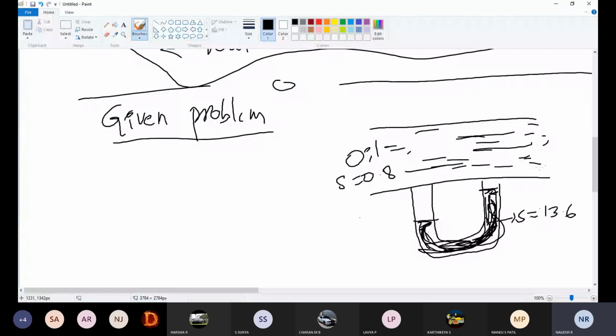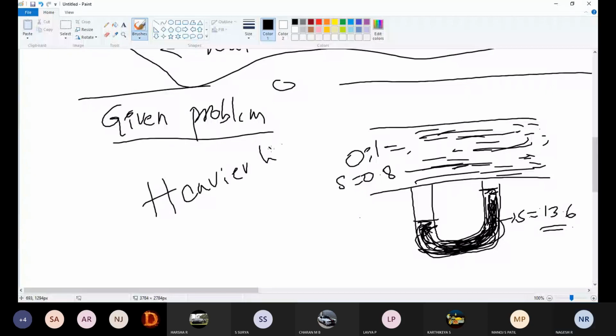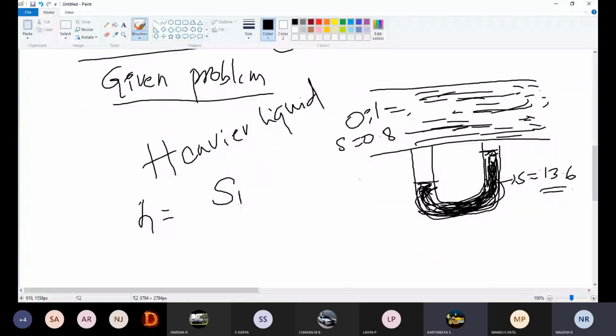Compared to the flow of oil, mercury is heavier. I can say it is related to heavier liquid by considering the manometer. So we are applying the heavier liquid formula. What is that formula? H is equal to X into (SH by S naught minus 1). So this is the heavier liquid formula.